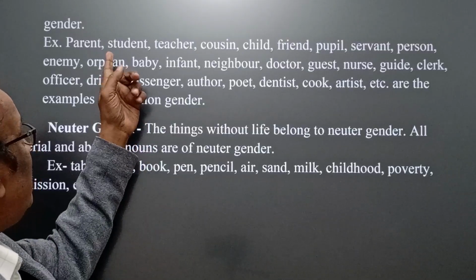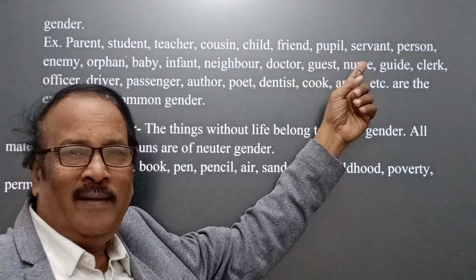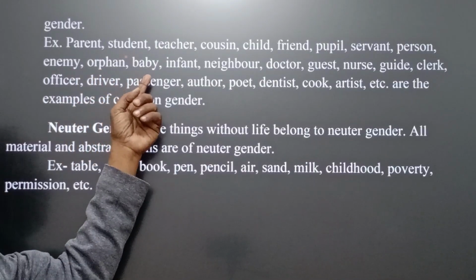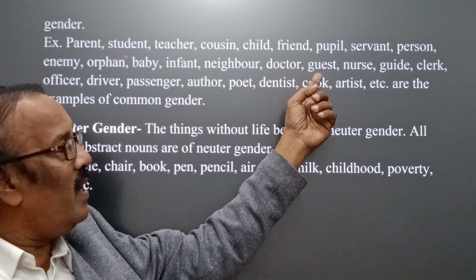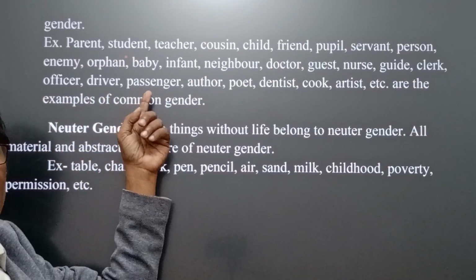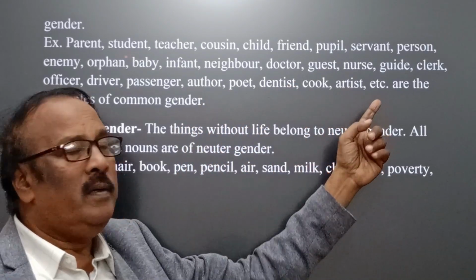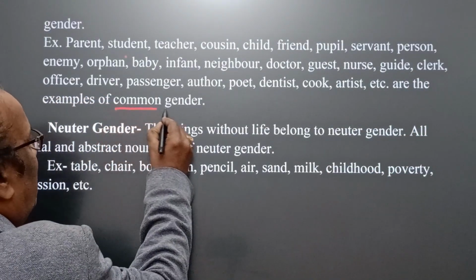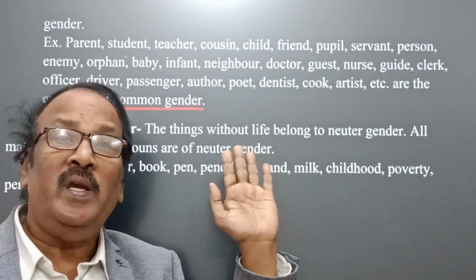Similarly, student, teacher, cousin, child, friend, pupil, servant, person, enemy, orphan, baby, infant, neighbor, doctor, guest, nurse, guide, clerk, fisher, driver, passenger, author, poet, dentist, cook, artist, and so on are the examples of common gender. These are very interesting examples that should be remembered.